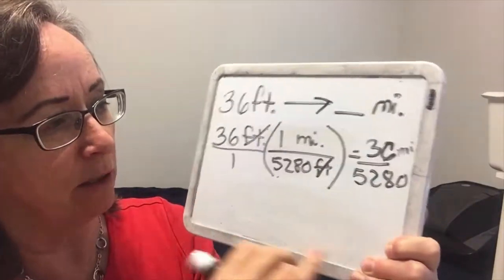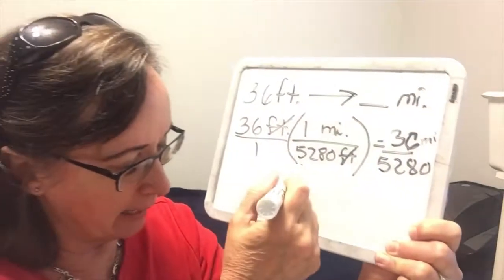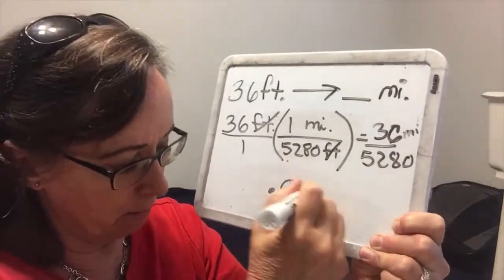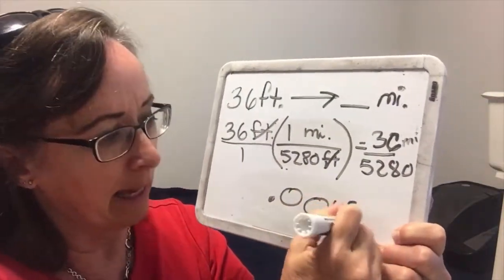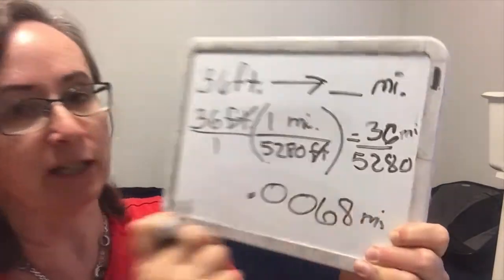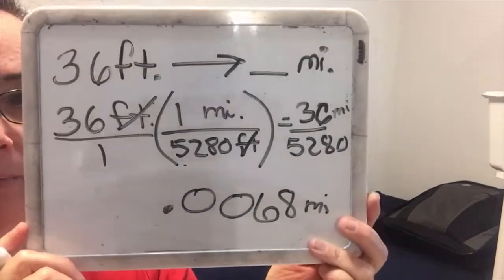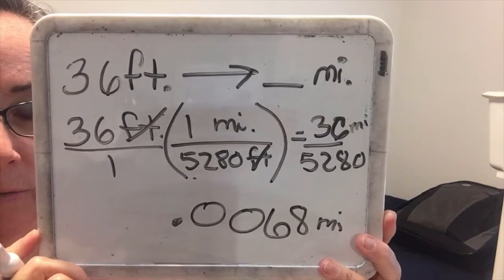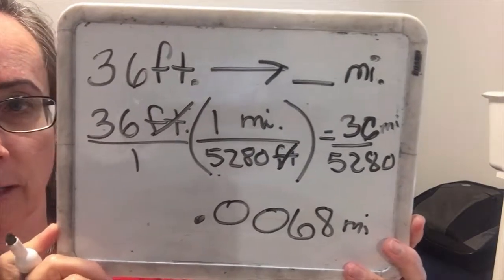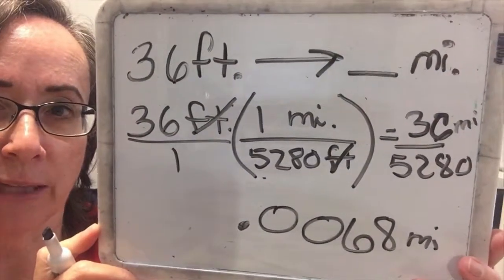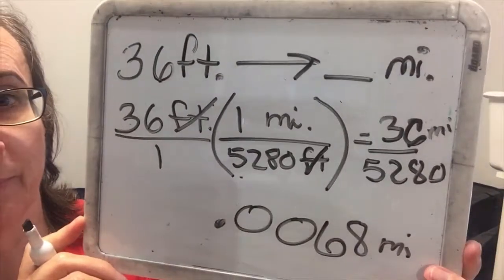And when they do the long division, they get 0.0068 miles. And I'll leave that division for you, because the big deal about this one is how to use those unit multipliers to get everything into the units we want it to be in.